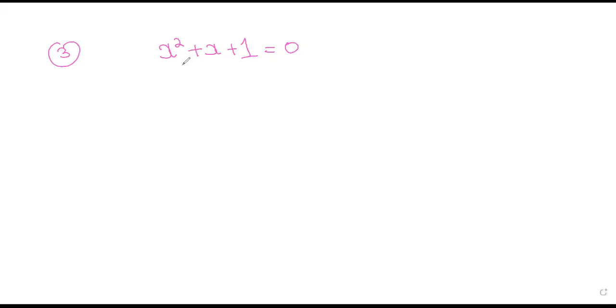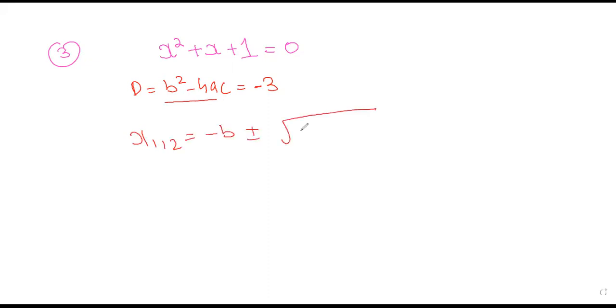So the discriminant is b square minus 4ac, which is -3. You need to recall b square minus 4ac is the discriminant. How do we write it? Minus b plus minus under root b square minus 4ac over 2a.